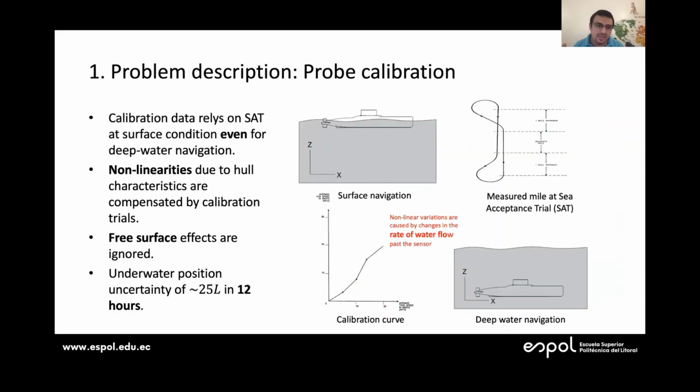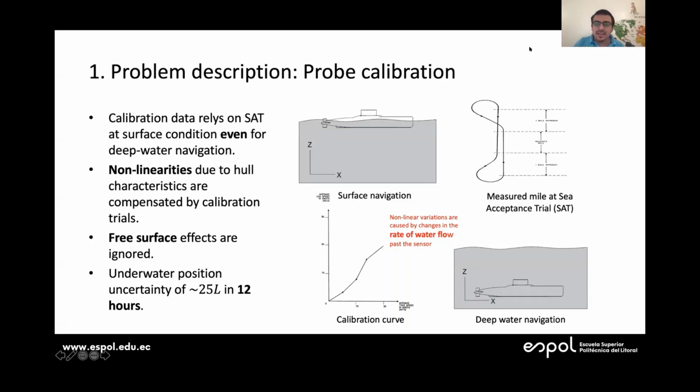inside that electromagnetic field. And the thing is that although the manufacturer said that you can place it anywhere on the hull, they don't tell you exactly where. And they said that all the possible nonlinear hydrodynamic differences between the hulls due to the curvature can be overcome after a calibration, a proper calibration.